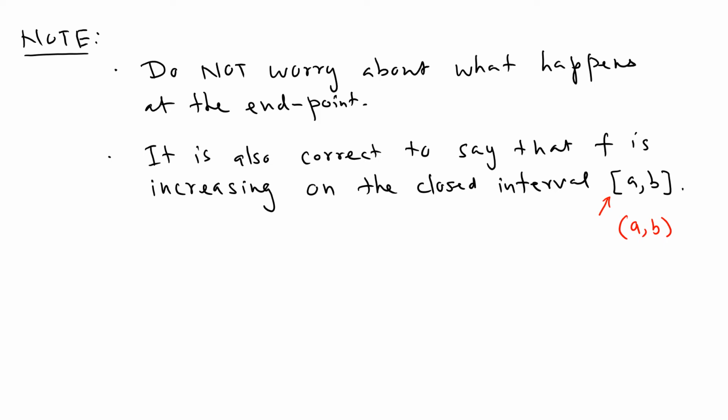Because of that, we don't talk about closed intervals, we only talk about open intervals. But it's okay to even write closed intervals if you want. But we do not use this version.